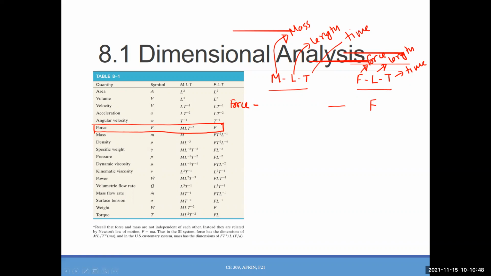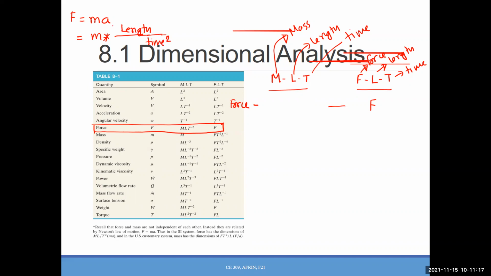But for MLT, what we will do, I will just write down here, F equals to, we all know that equation, right? F equals to MA. Now, acceleration is what? Length over what? Length over time square, right?